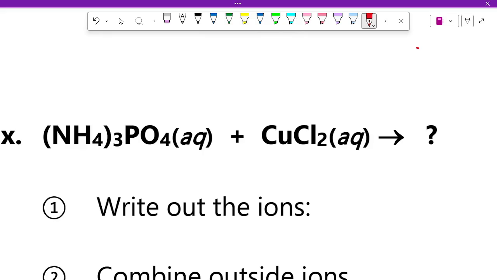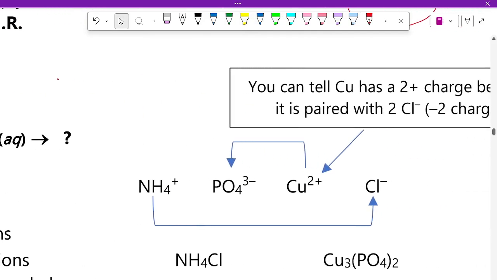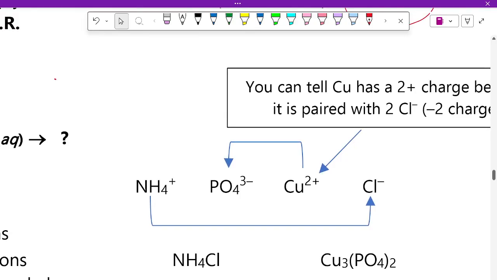Now you do have to say, what is the charge of this copper? Cu2 plus. And what is the charge of phosphate? PO4 3 minus. So that's going to give you Cu3(PO4)2. Okay? So our products are NH4Cl and Cu3(PO4)2. Out of these two, is there any we can say is aqueous right off the bat? NH4Cl, because NH4 is soluble with everything.